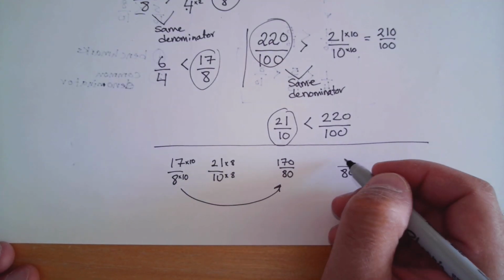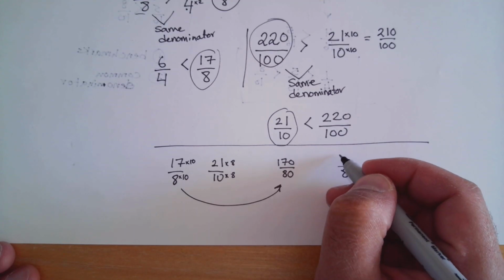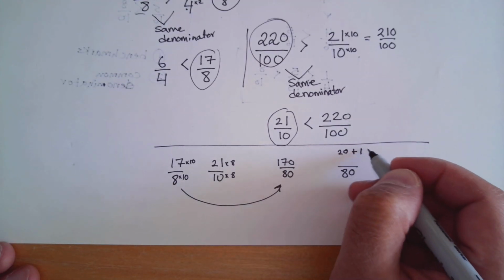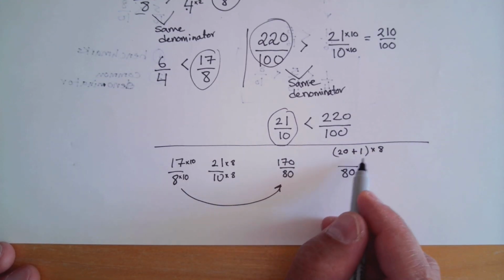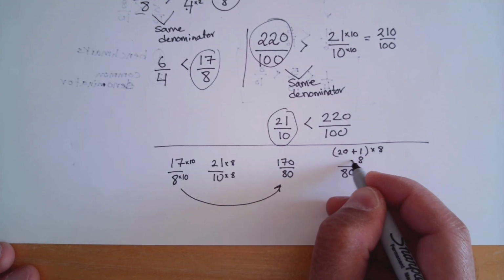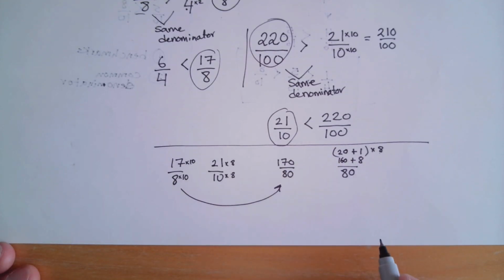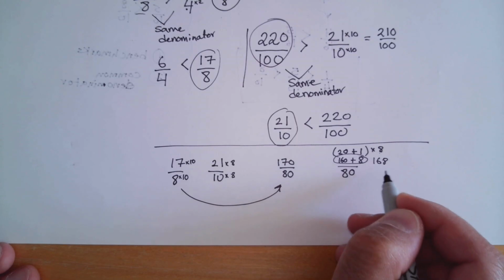Now think about it. 21 is 20 plus 1. So if I multiply each number by 8, 8 times 1 is 8, plus 8 times 20 is 160. So together they become 168.